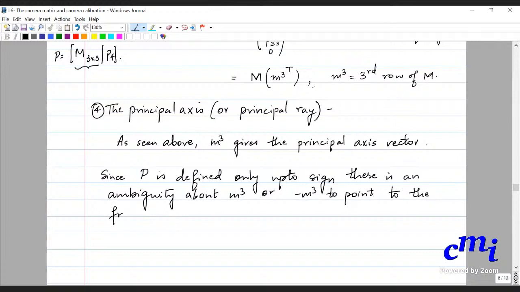The front of the camera is the world space that is mapped to the image, and it is usually considered the positive direction. So we just have to make a choice of plus M3 or minus M3.